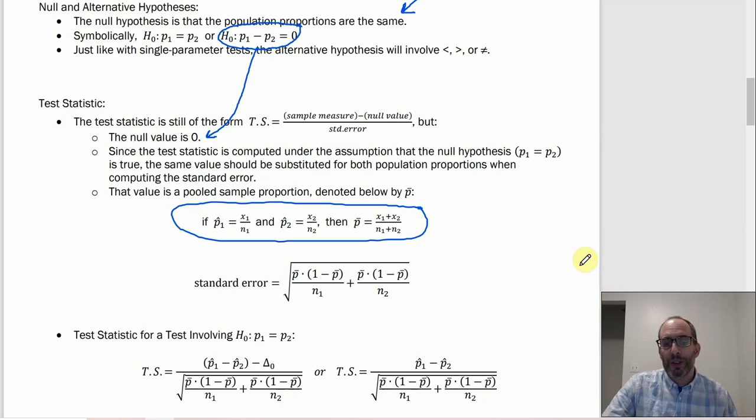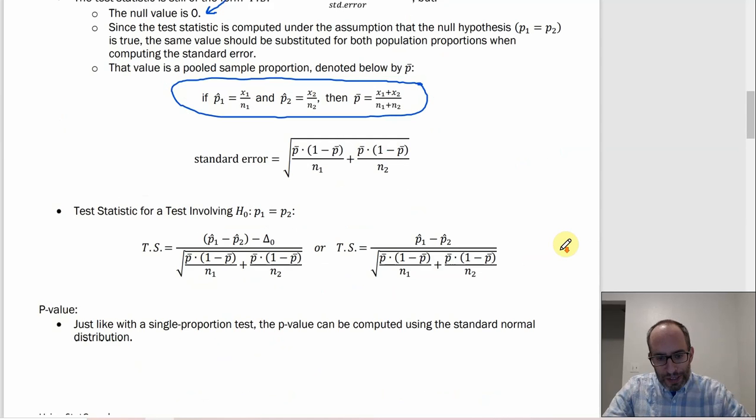And then you end up with a standard error where you have the two numerators being the same thing. And that's the best that you could come up with for taking care of that assumption that the null is true, right? Because then that way you effectively have the same value that you're subbing in as an estimate for P1 and P2 when you use that pooled proportion, right? Rather than having a separate P1 hat and P2 hat, which would probably be different numbers.